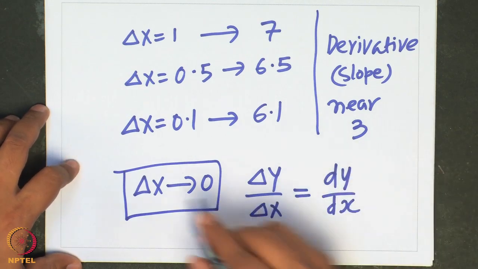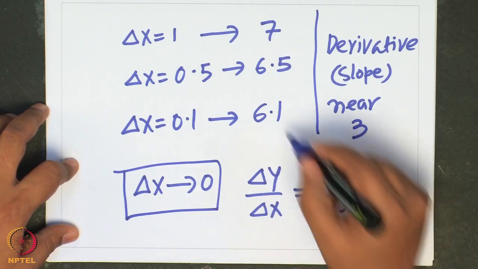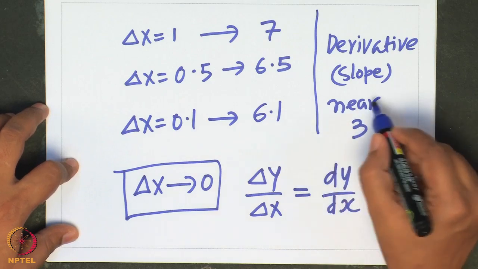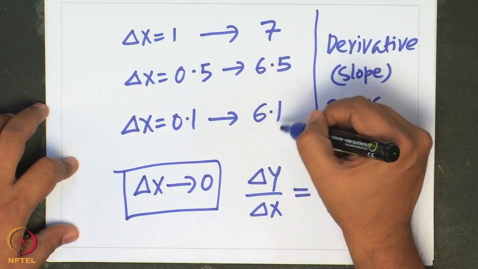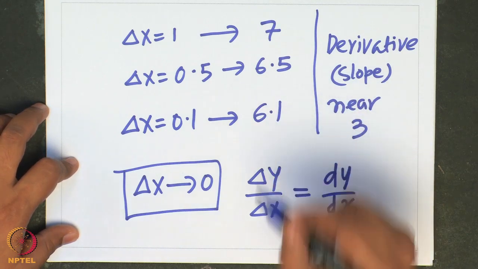In the limit, delta x becoming smaller and smaller, it turns out that near 3, if you calculate with smaller and smaller delta x, this will come closer and closer to 6.